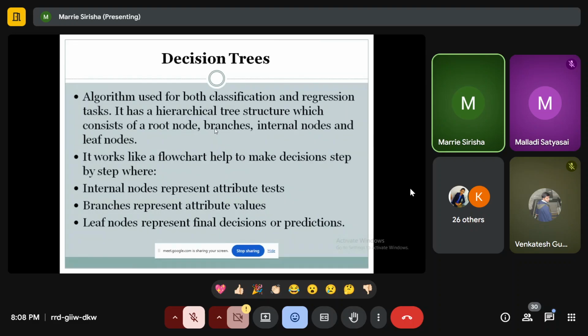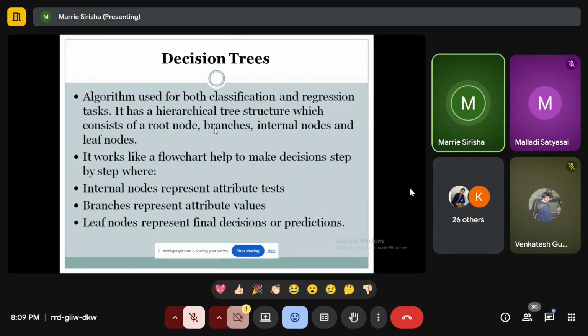And it is a tree-like structure, and it has nodes, branches, internal nodes and leaf nodes. You have to learn these terms: what is a root node, what is a branch, and what is an internal node. Without that, you cannot move forward. You will get confused and you will be stuck in this only. So you need to know what those terminologies are.